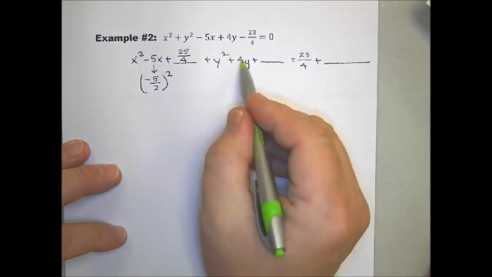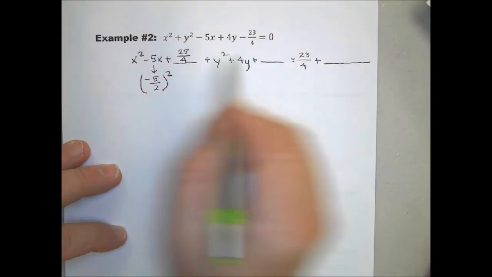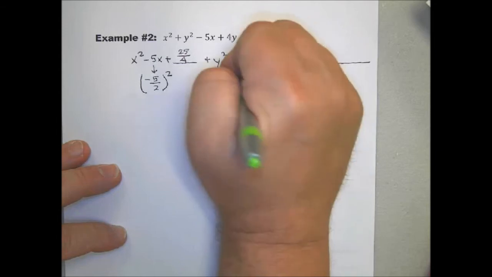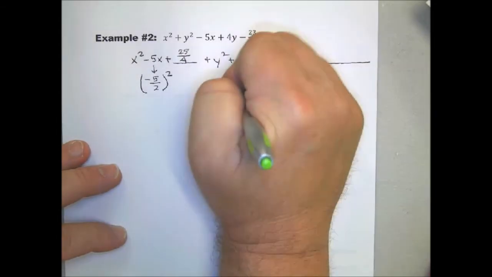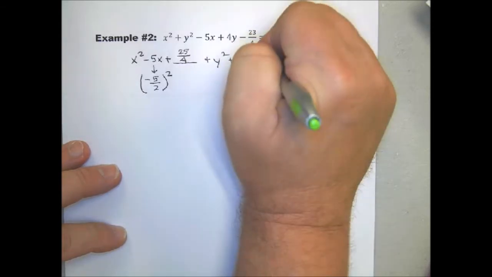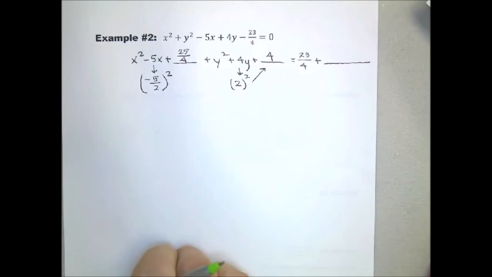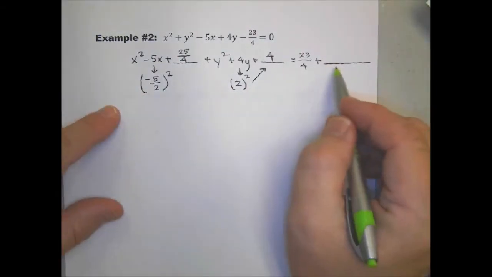Now we're going to do the same thing here, but it's an even number. It's much nicer to divide an even number by 2 than to divide an odd number. It's cleaner. So if you take 4 and divide it by 2, you get 2, but then you square it back again and you get 4. Now, what do we have to add over here?